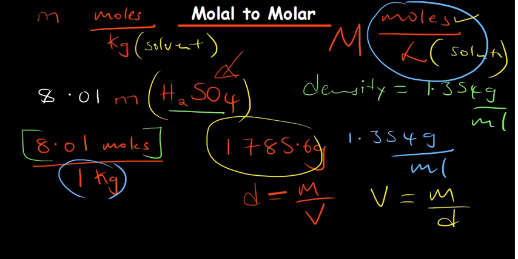After dividing, of course the grams will cancel out, so the volume that we're getting is 1318.76. The units of the volume, don't forget, you get from the density, in this case milliliters.